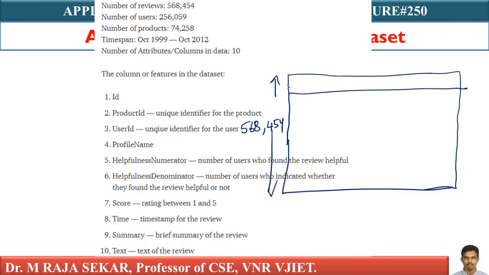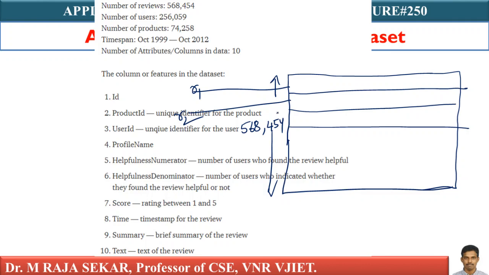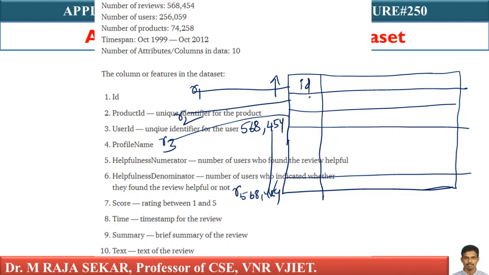This is review 1, this is review 2, this is review 3, and so on up to review 5,68,454. These are the reviews. What are the column names? ID is one column name. Product ID is another.